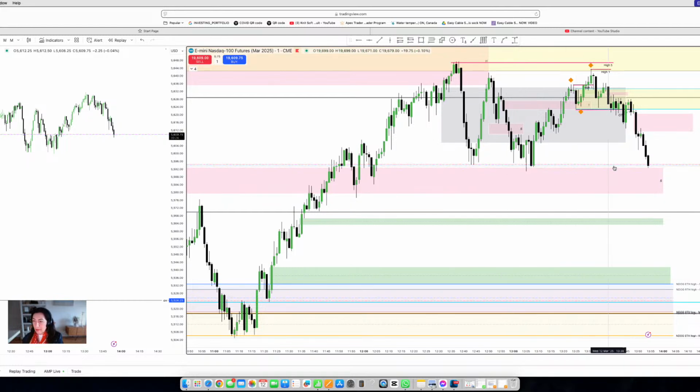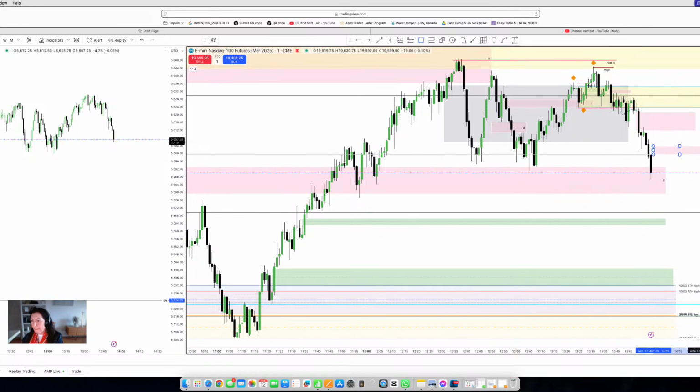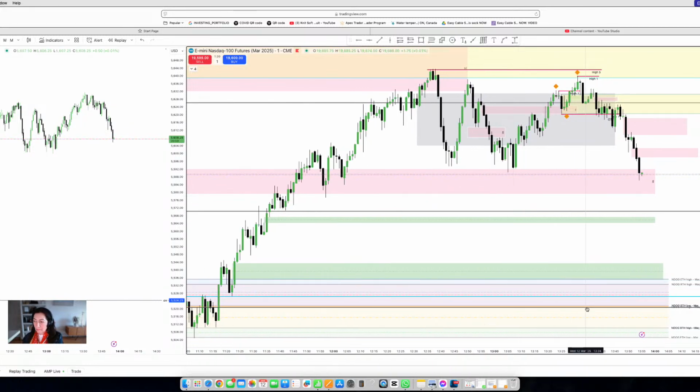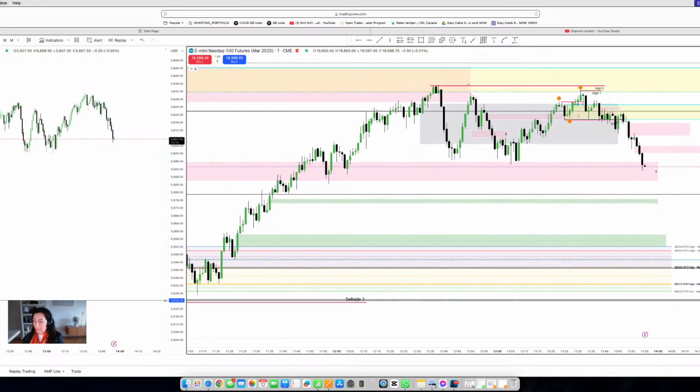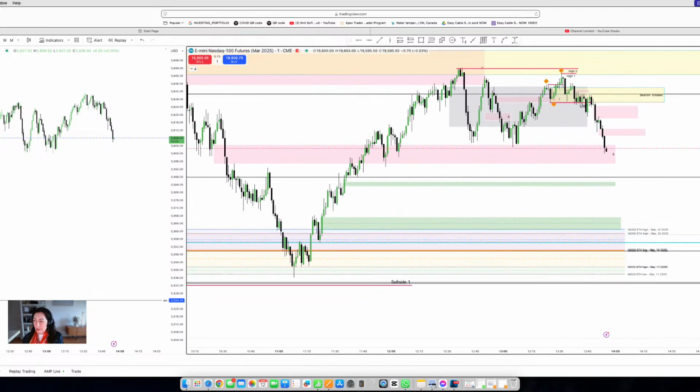Okay, so let's see what happens with price here. This has been an area where price has held prior. Looks like we're coming through it. So again, I'm just always mindful of where midnight is. Ideally you want to sell and then buy back below midnight.